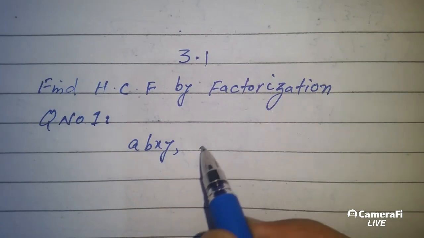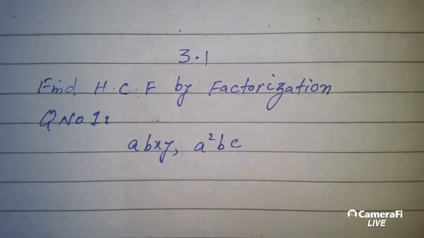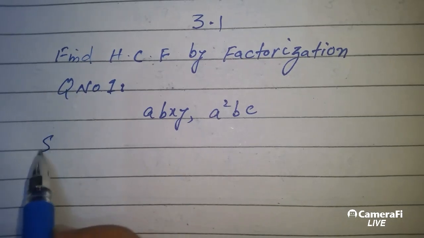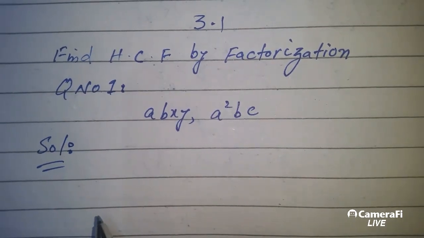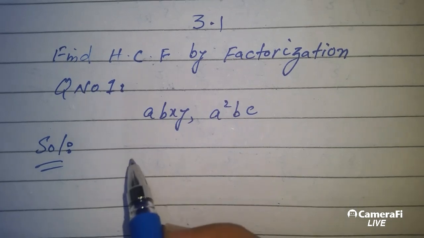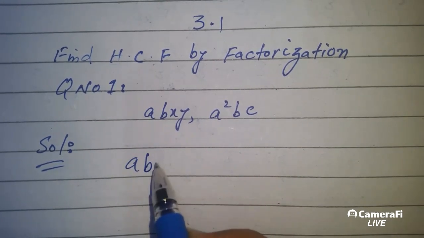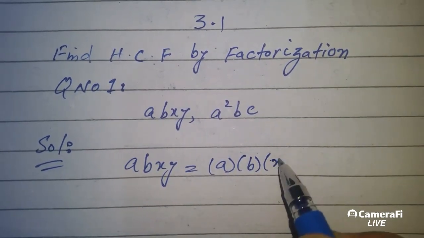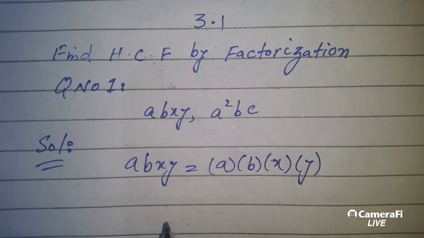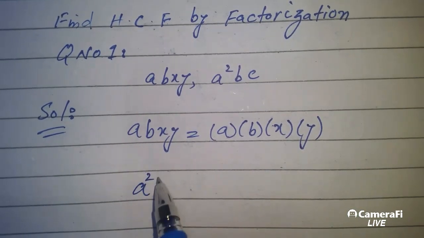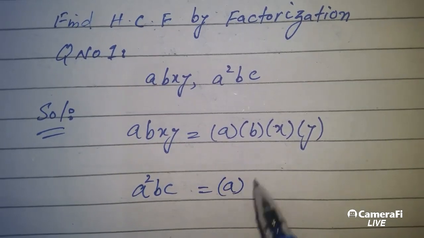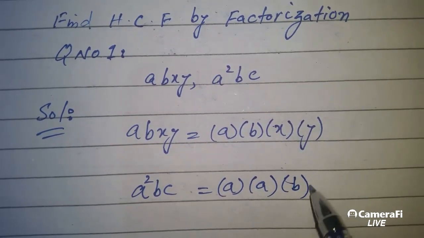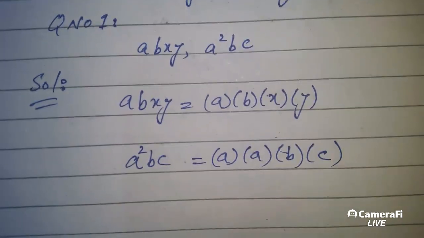ABXY and A square BC. For ABXY, the factors are A, B, X and Y. Similarly, for A square BC, the factors are A into B into C. Here we want to just take the common factors.